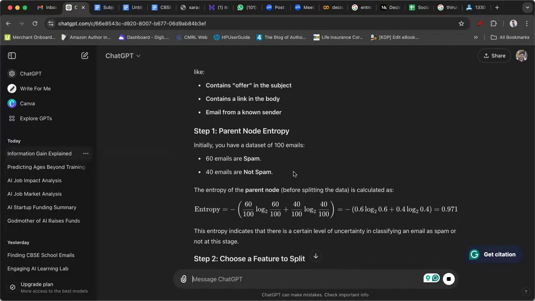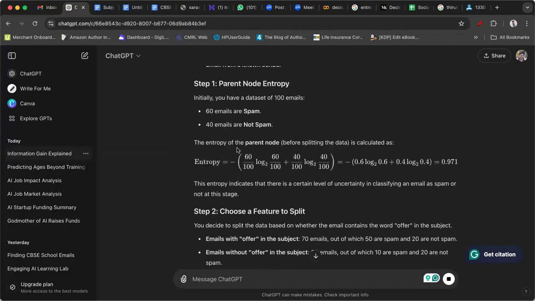Just consider this is really happening in day-to-day life. The entropy of the parent node before splitting is calculated as per the formula: 60/100 log2 of 60/100 plus 40/100 log2 of 40/100. Based on the logarithmic values, the entropy is 97.1.